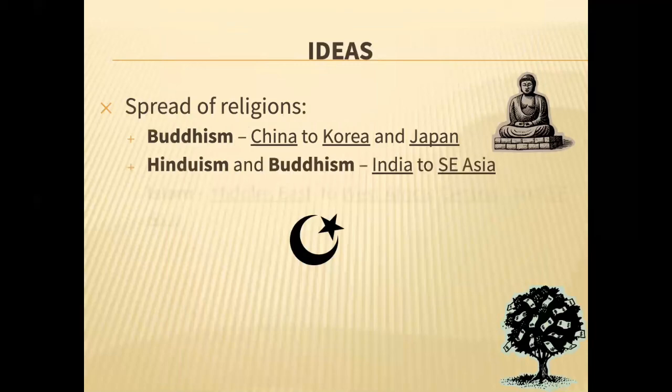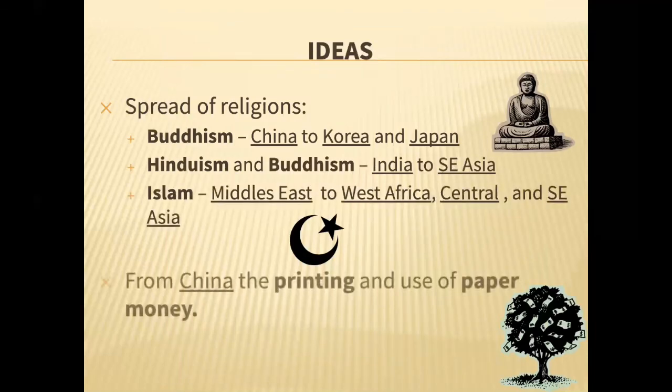And this is the last slide. We'll be talking about the spread of religions and ideas. So starting with Buddhism, we'll talk about this a little bit more in our next lecture, but this spread from China to Korea and then to Japan. So a lot of Japanese culture and traditions come from China.